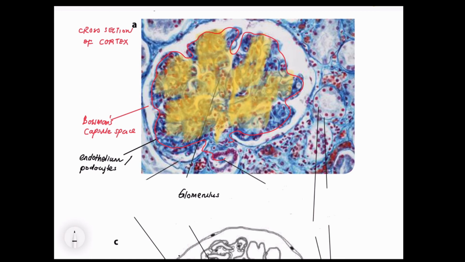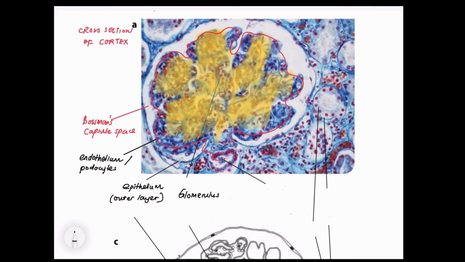And how about the outer layer then? On the outer layer of the Bowman's capsule space, that is also the epithelium, but it's the outer wall or the outer layer of the Bowman's capsule.